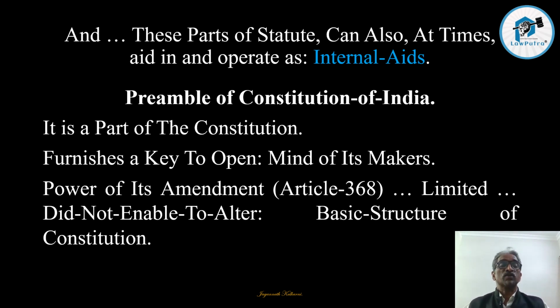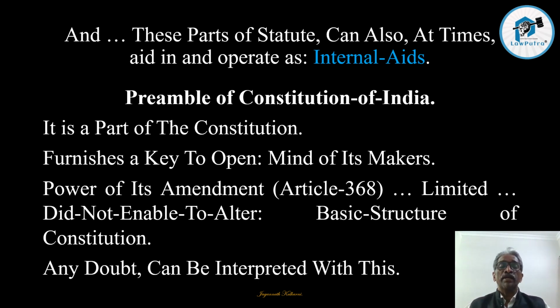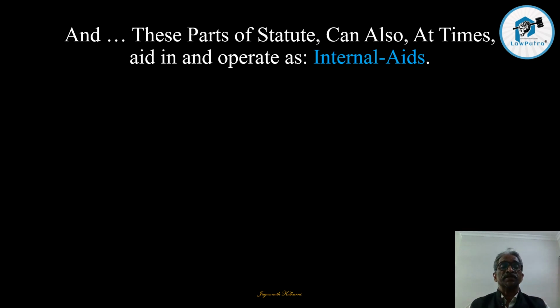So the preamble of the constitution is the only exception which is considered part of the constitution. And for any doubt related to any article given in the constitution, if we want to interpret it or clear that doubt, we need to refer to the preamble of that constitution.